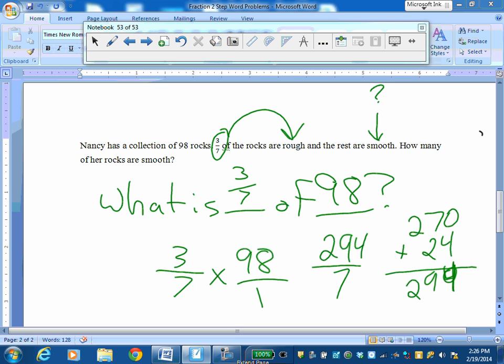It's fine. 294 divided by 7. 7 will go into 29 4 times with 2 left over. So we've got 42. So 42 of the rocks are rough. So let's clean this up a little bit.